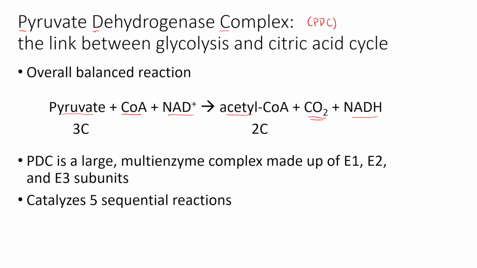There are 3 main subunits called E1, E2, and E3. Each has a really important part to play in making sure this overall reaction can happen, as well as making sure that all of the components of the enzyme and the active sites are reset back to their initial state once the reaction is catalyzed.